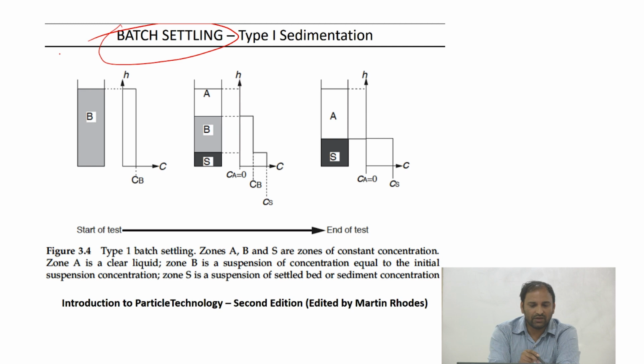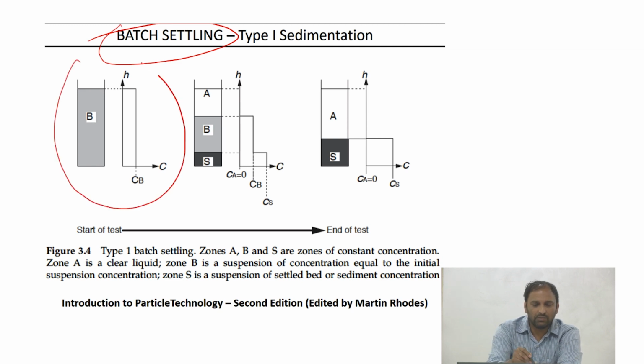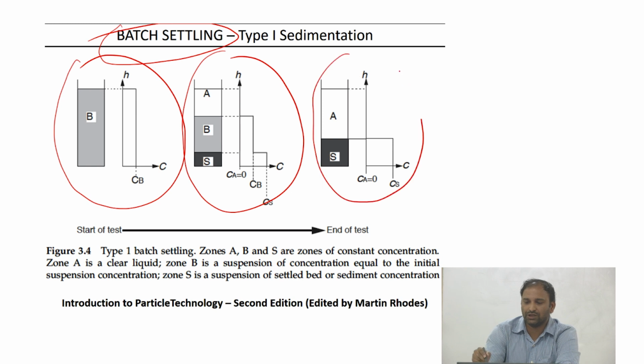So what you see are the images at different instants of time, t0 to begin with, and some other times t1, t2. In the picture corresponding to t0, you have a uniform slurry.